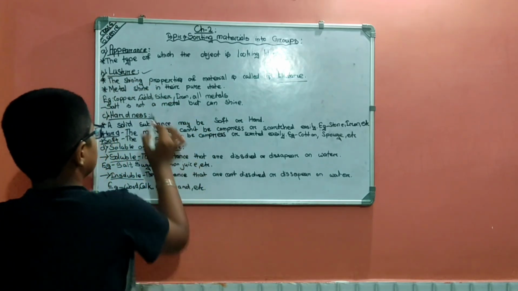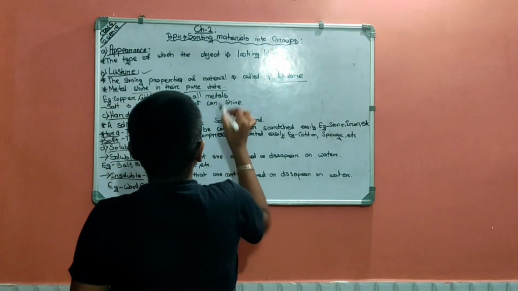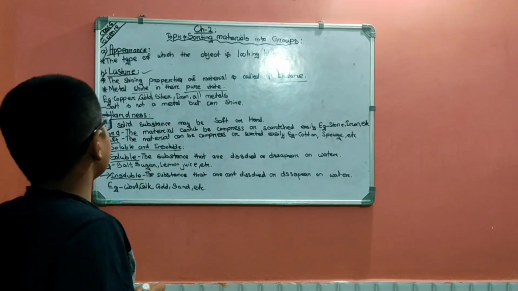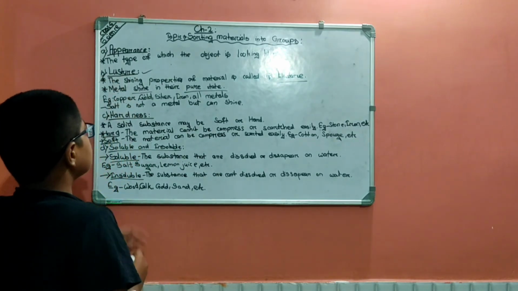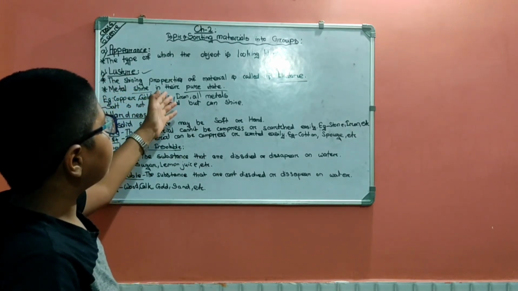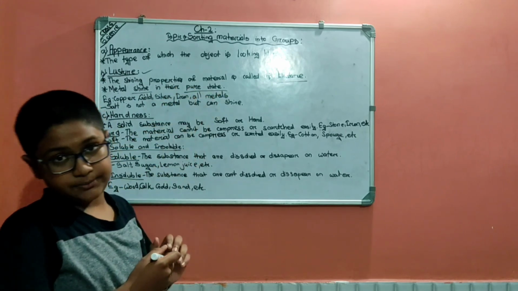Examples of lustre are copper, gold, silver, iron and all metals.